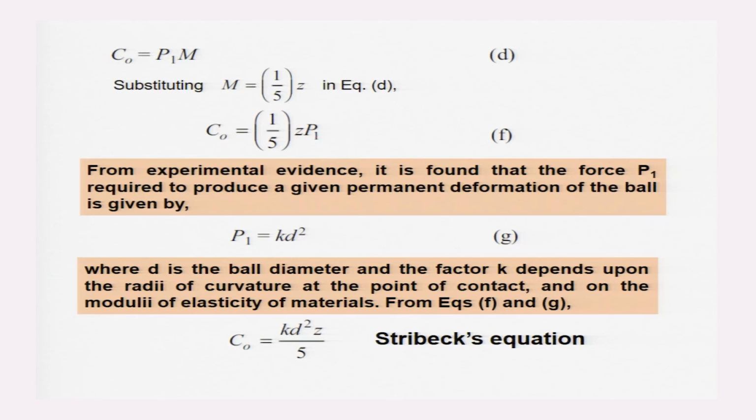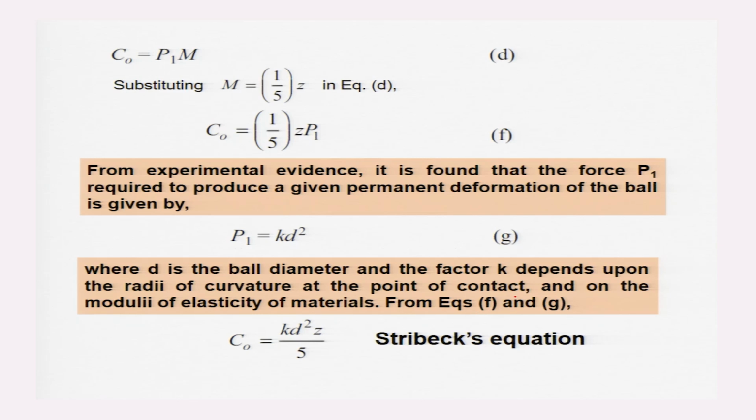From experimental evidence, it is found that the force P1 required to produce a given permanent deformation of the ball is given by K, a constant, times D square, where D is the diameter of the ball, and the factor K depends upon the radii of curvature at the point of contact and on the modulus of elasticity of the materials of the ball and the races.